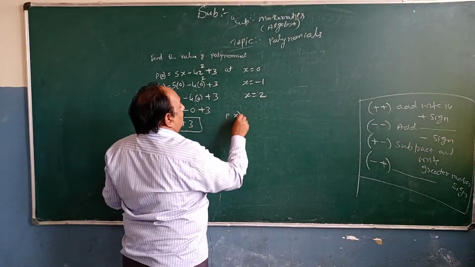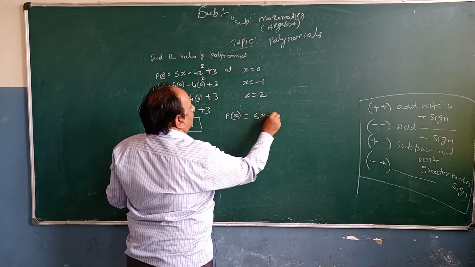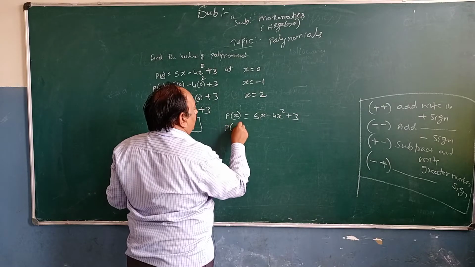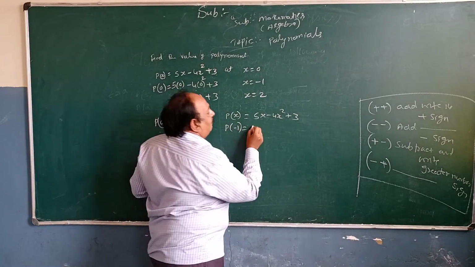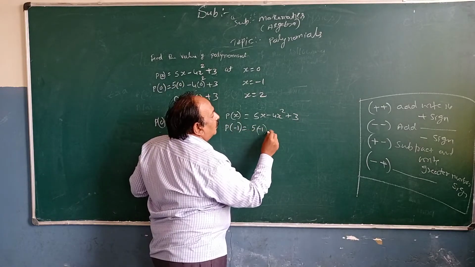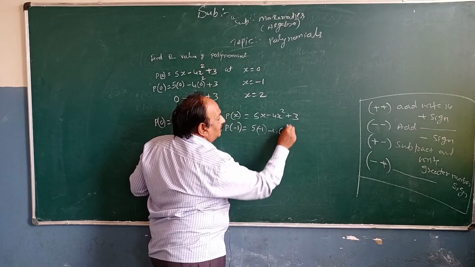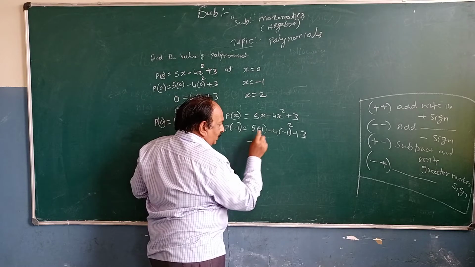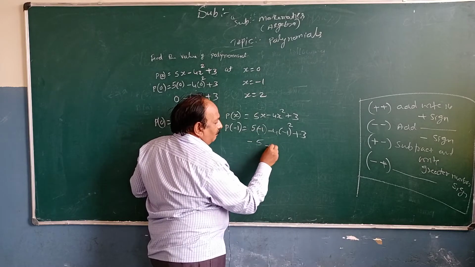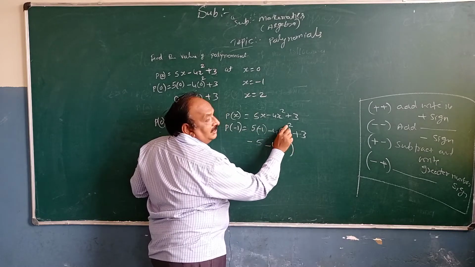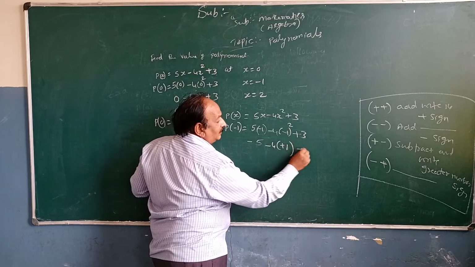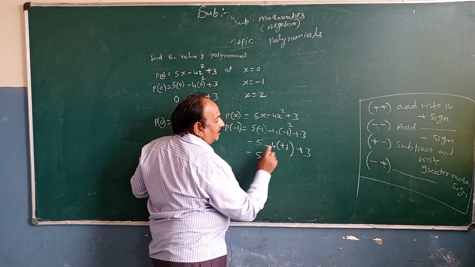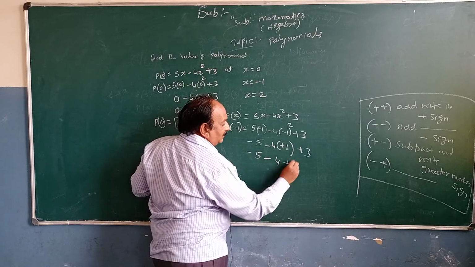Next, polynomial of x equal 5x minus 4x square plus 3. Polynomial of minus 1. 5 into minus 1, minus 4 into minus 1 square plus 3. Plus into minus is minus, 5 ones are 5, minus 4 into, this is an even power, it becomes plus, so minus 5, minus 4 ones are 4, plus 3.